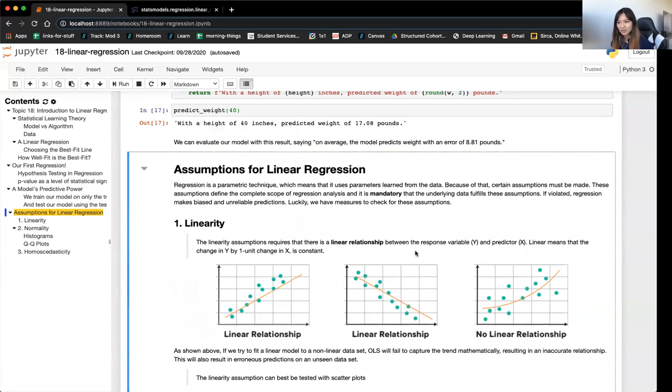There are 3 main assumptions that we're going to talk about today. There's one more that comes into play with multiple regression. These assumptions are important to check because it shows that you're using the linear regression the right way. Usually, if your linear regression assumptions are not fulfilled, it means that the data and the specific feature set that you're using is not best suited for a linear regression.